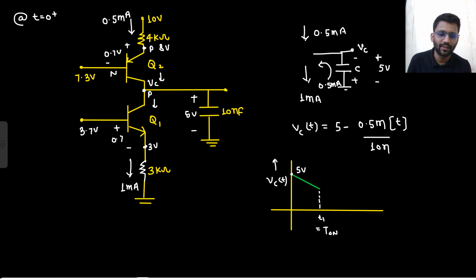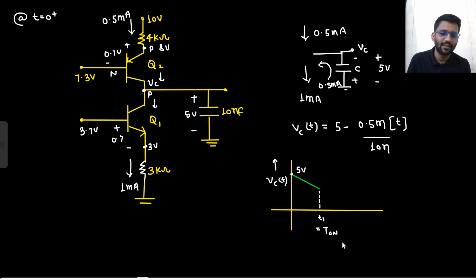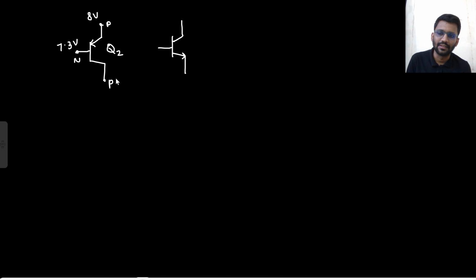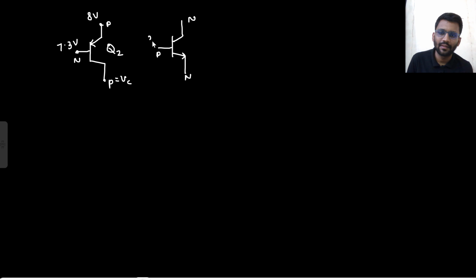This node was at 7.3 volt. And this node was at the P potential, equal to VC. This is VC. What about this one? This was N, P, N. So P was at 3.7, and this was at 3 volt, and this was at VC, right?